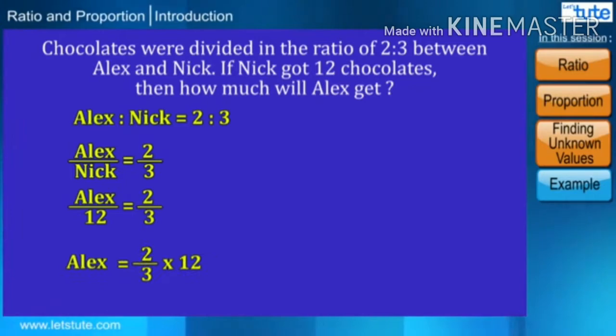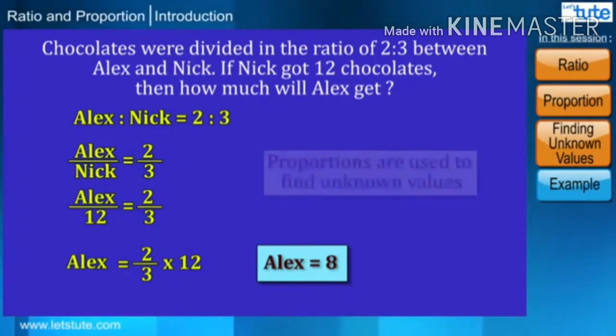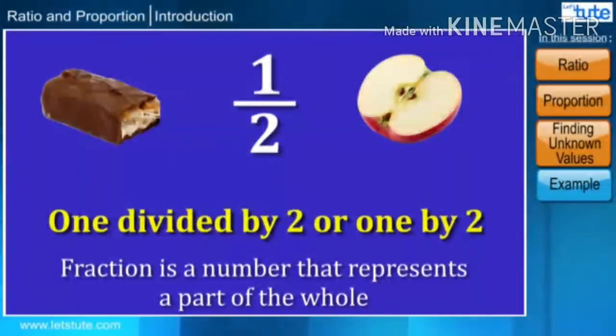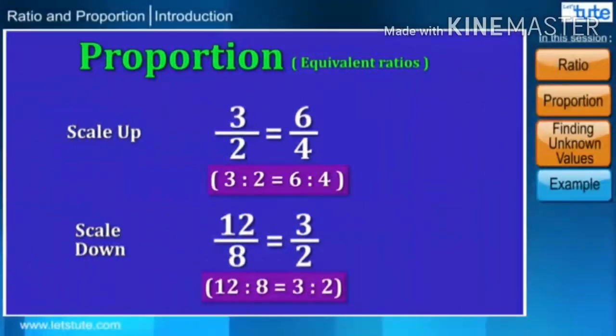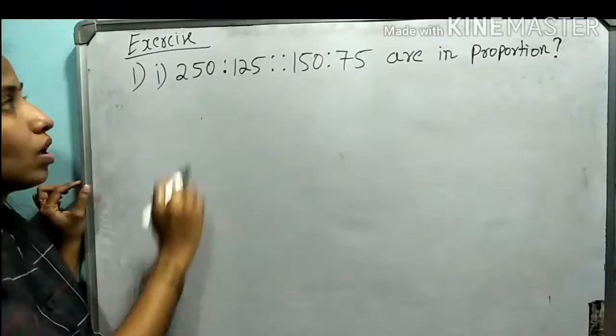After cross multiplying, we get the value as 8. That is, Alex will have 8 chocolates. Proportions are majorly used in such cases where we have to find the unknown values. I hope you are now completely clear about what a fraction, a ratio and a proportion are, and also the difference between all three.